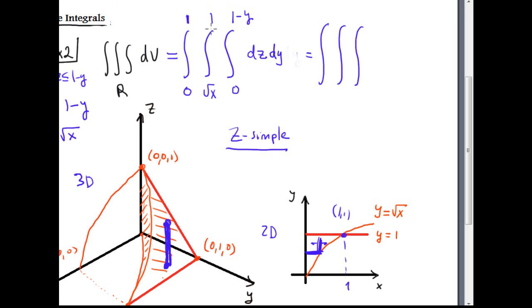The y is this layer and the x is the last layer. The thing I want to change, using z simple again, is the direction of the integration in 2D. So this stays the same. But this changes because I want to integrate first with respect to dx. The dx goes in that direction from 0 to the x value of this curve.